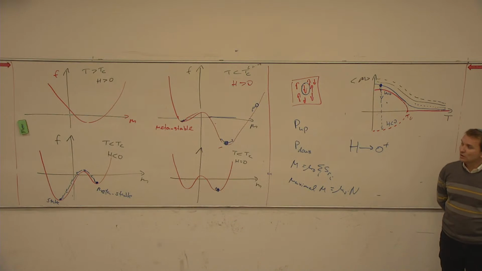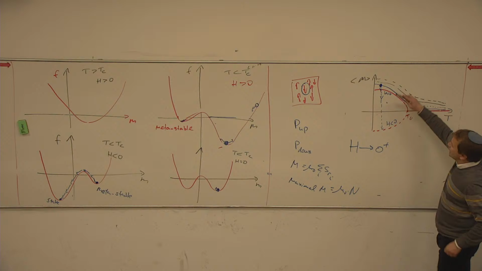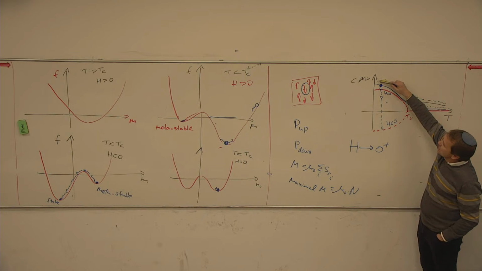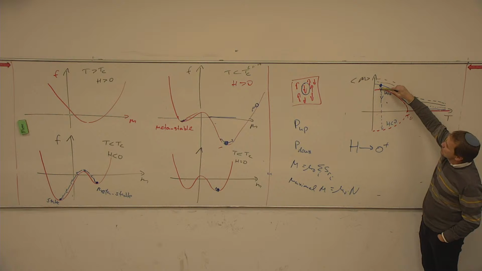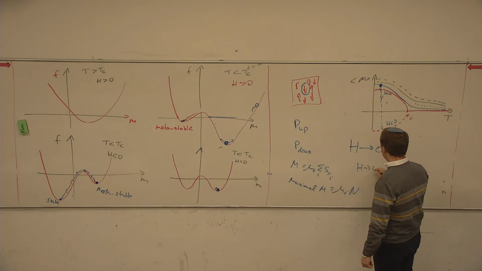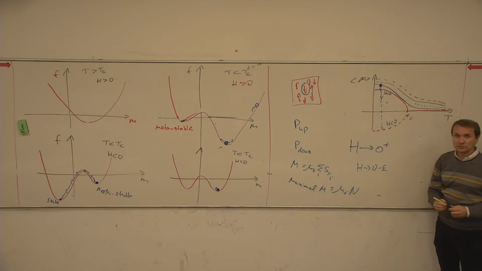First, right? So what we had, this is our line. We started over here, we decreased h, we decreased h, we decreased h, we reached h equals 0 with a specific net magnetic moment, which is not 0. We shift our h slightly to 0 minus epsilon, right?